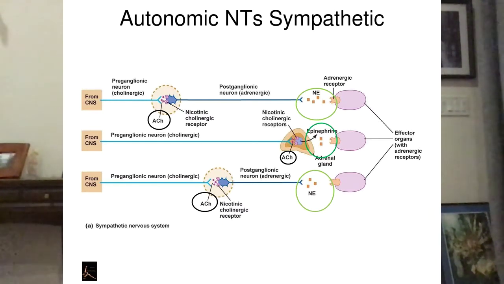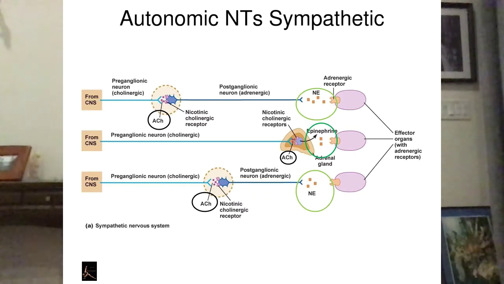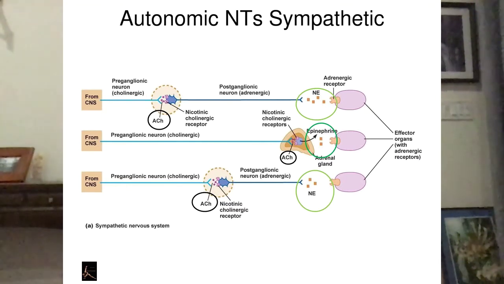They are called cholinergic neurons because they release ACH, acetylcholine. That's a cholinergic neurotransmitter. So cholinergic neurons make cholinergic neurotransmitters, which is always ACH. Okay, so ACH gets released from preganglionic neurons.